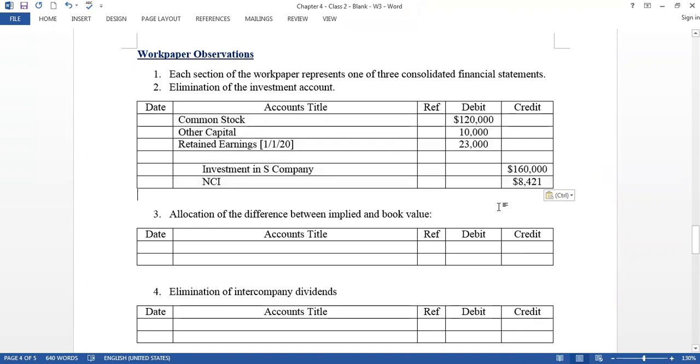I told you in chapter 3, the difference is sometimes debit, sometimes credit. So according to this question, where is the difference, debit or credit? The difference between implied value and book value. Where should we write this? Debit side or credit side? Debit side, because debit is lower. Yes. So you will do this part at the end. Last part, you will write the difference, either debit or credit based on the question. So it is 15,421.